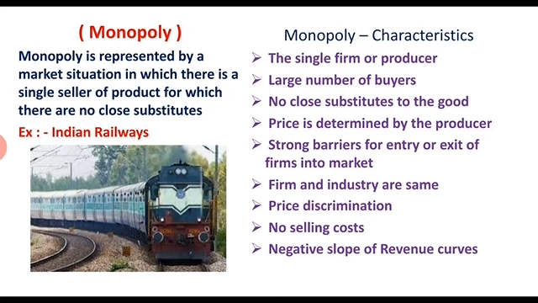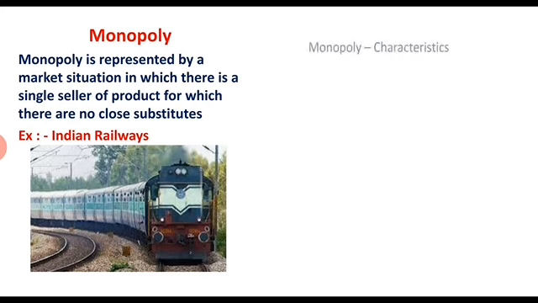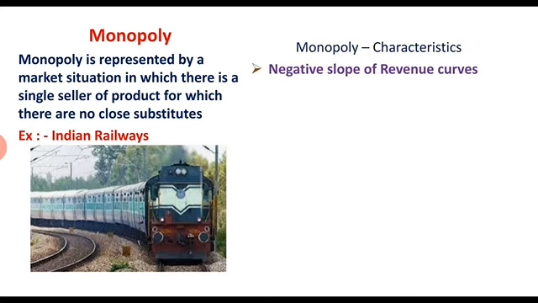In the monopoly market, the revenue curves of a firm have a negative slope or downward slope. Output is shown on the x-axis.